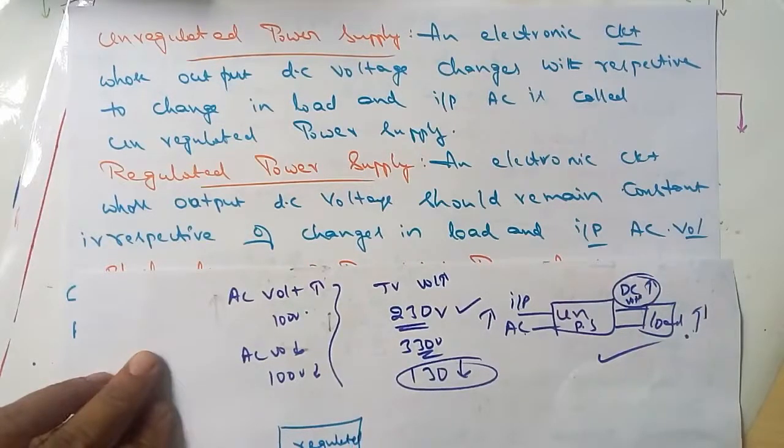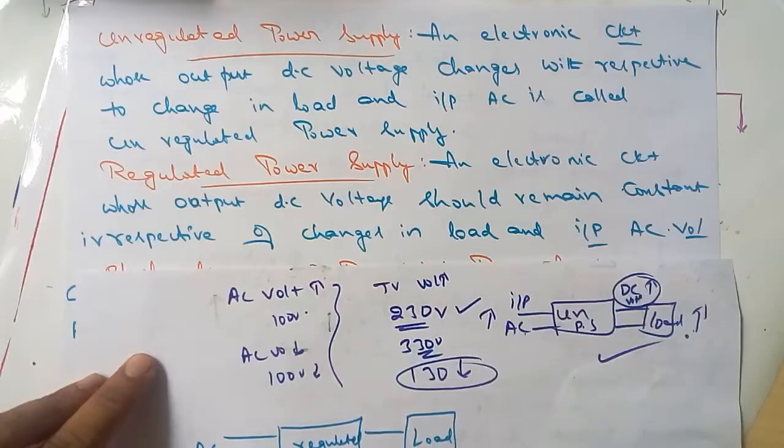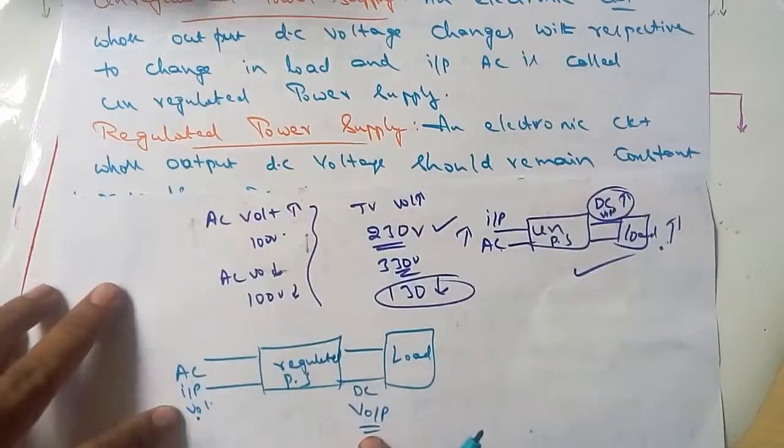This is the regulated power supply. It is connected to the load, and here it is connected to the AC input voltage. If the input AC voltage changes, the DC output will not change.